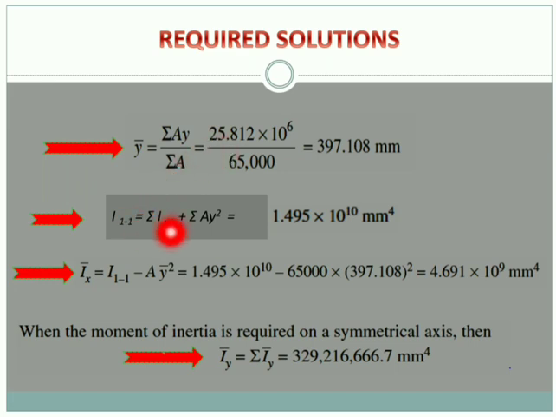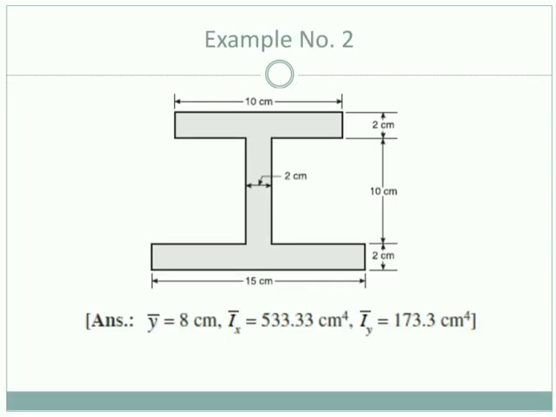This same formula you have to use in solving the example. First find y bar for the homework example, then find I11, then find Ix, and then similarly you can directly find Iy. So it's a very straightforward example.